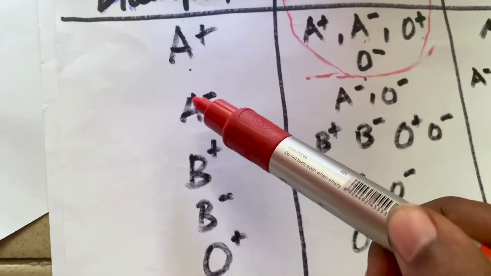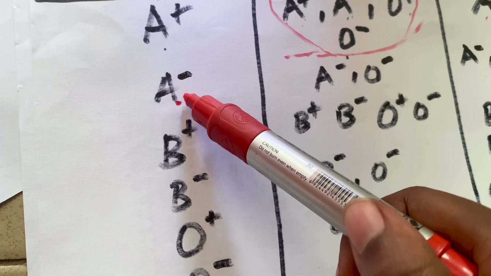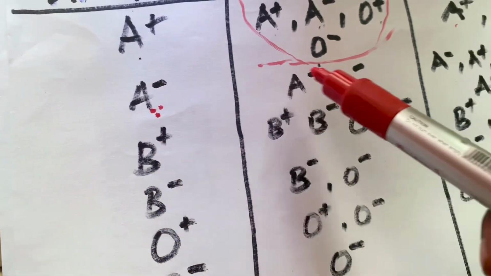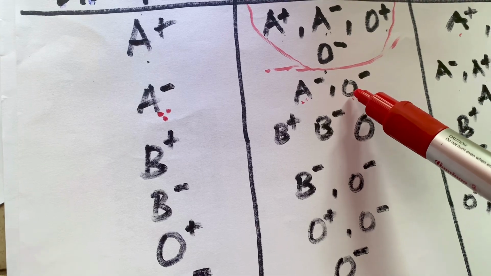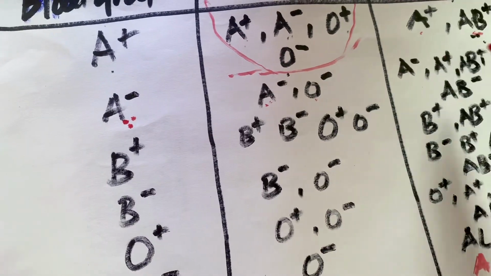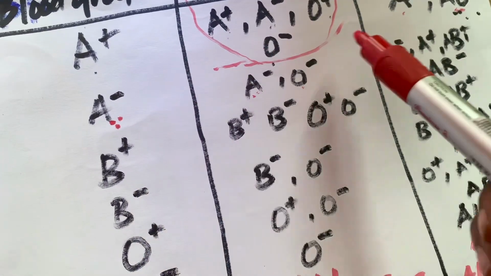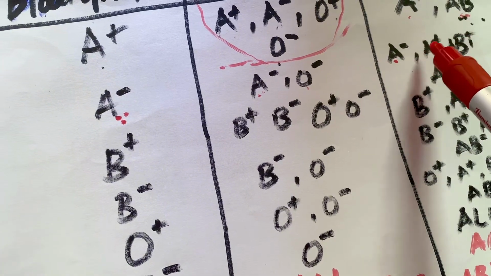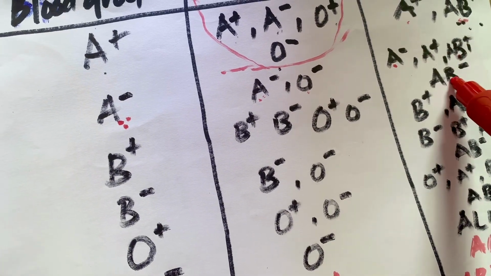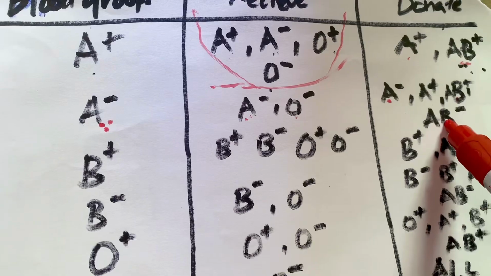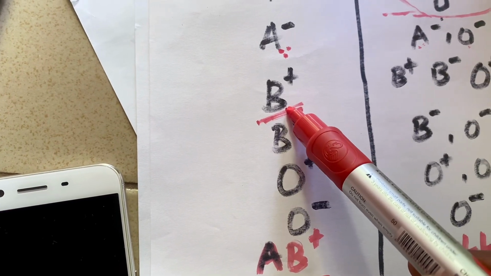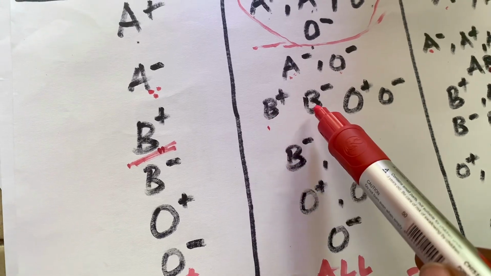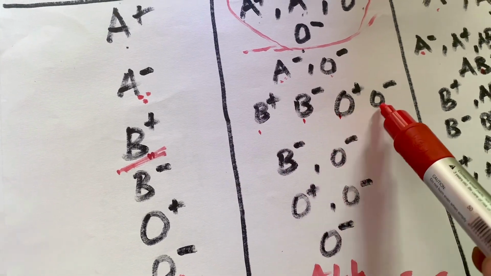So we go to A negative. A negative can only receive blood from A negative and O negative. I already mentioned the reason. Then donating, it can donate to A negative, A positive, AB positive, and AB negative. Then we go to B positive. B positive can receive blood from B positive, B negative, O positive, and O negative.